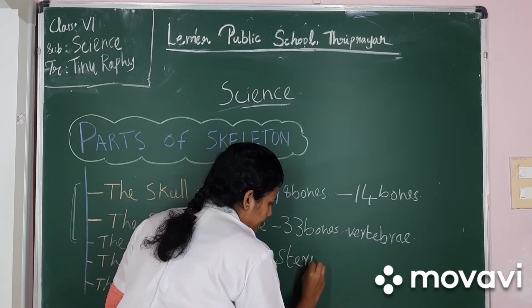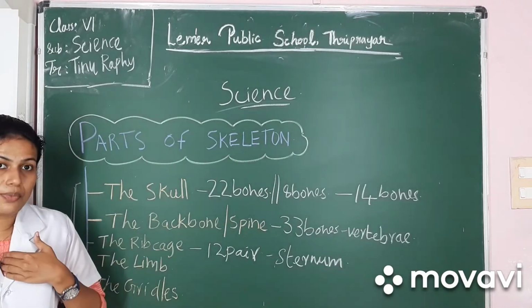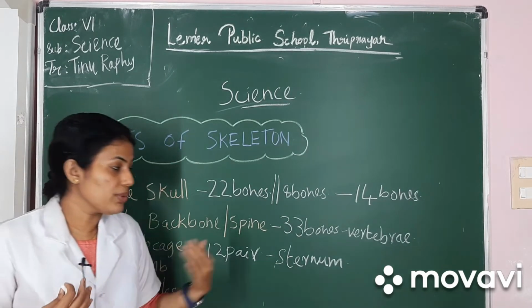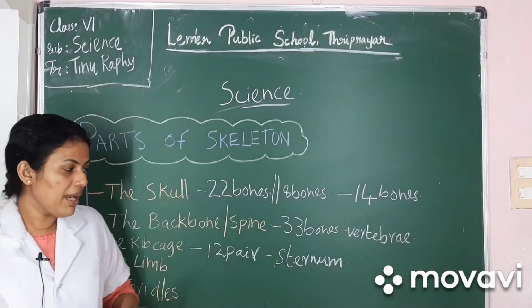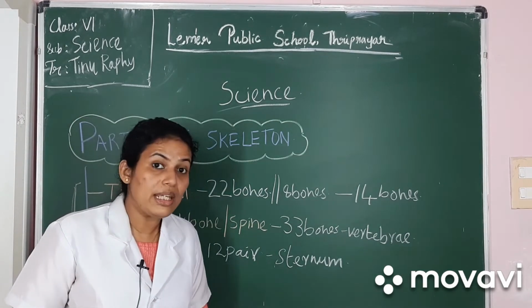Sternum is also called the chest bone. Now 10 pairs of bones from these 12 pairs are joined to the sternum, as the last 2 pairs of the rib cage bones are free floating in nature.